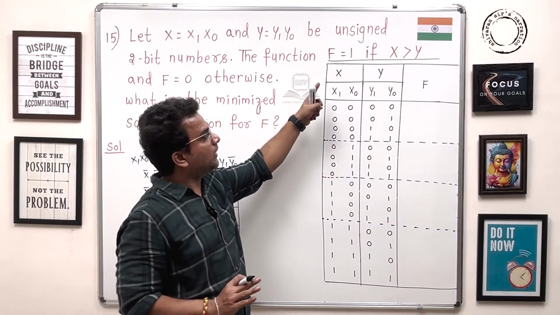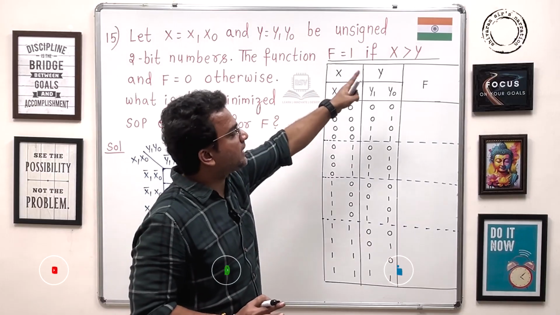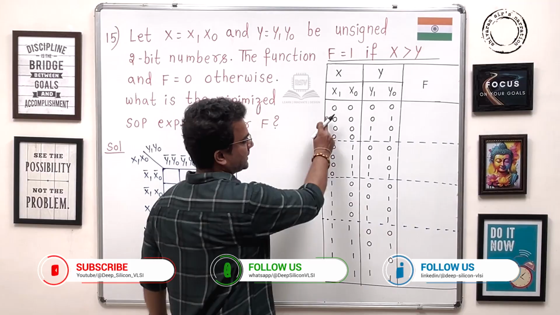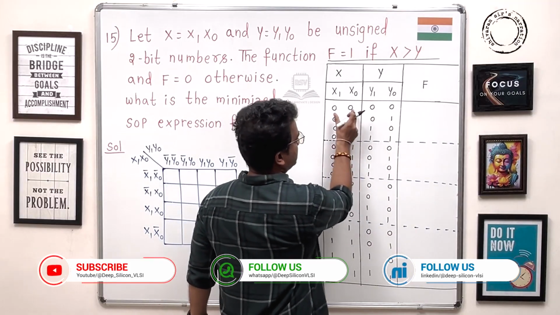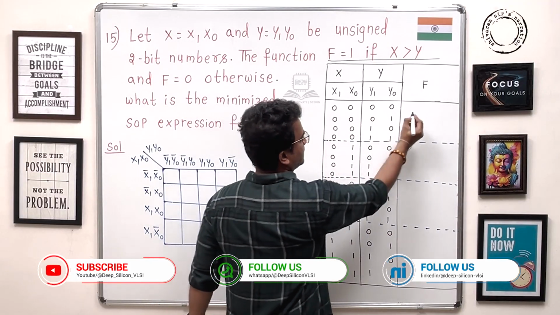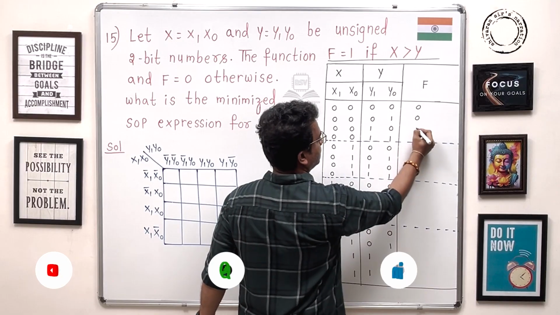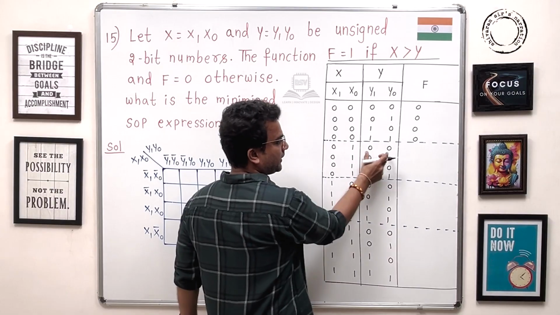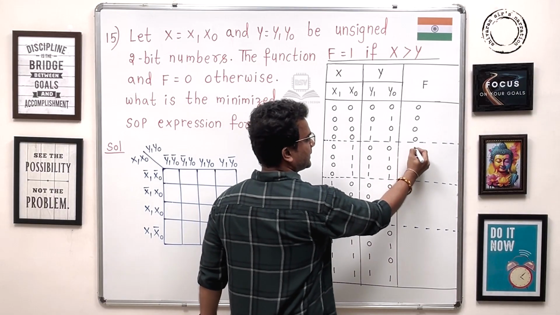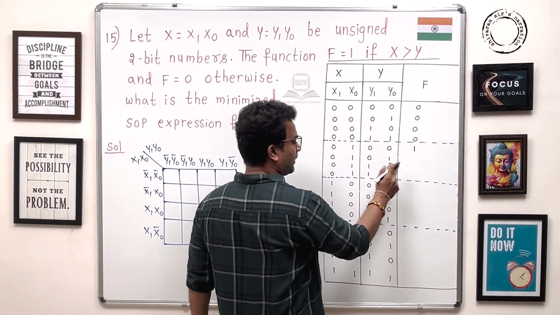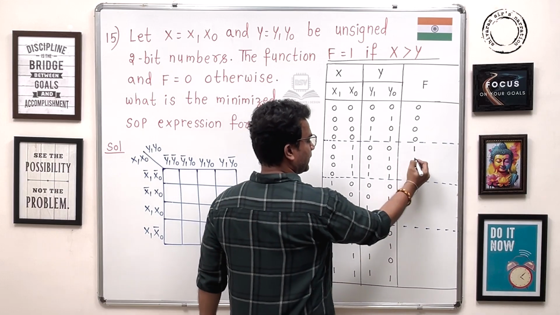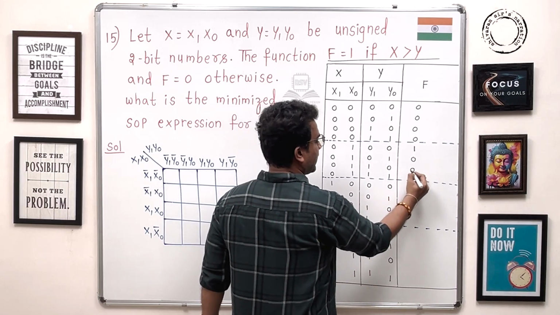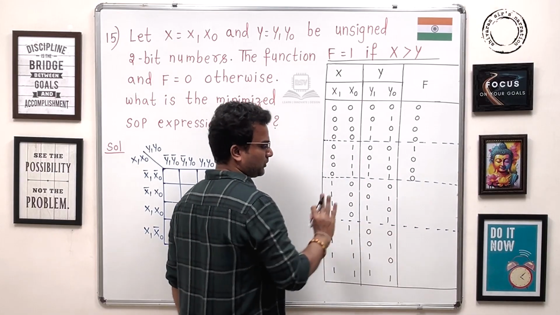f = 1 if x > y. In these cases, x is 0 only, hence the output is 0. In this case also 0, 1, it is 0, 0. Now, x is greater than y here, and in the remaining cases x is less than y only, hence all zeros.